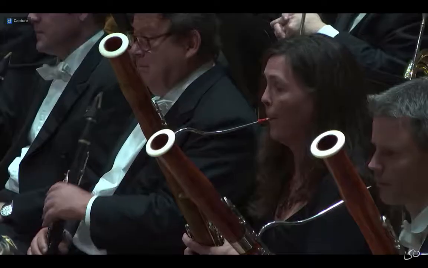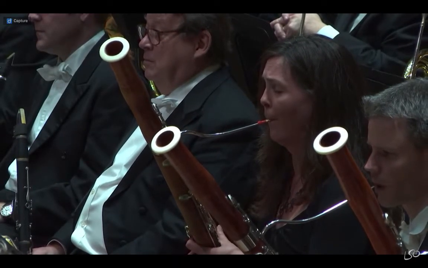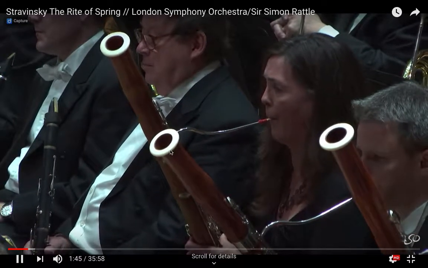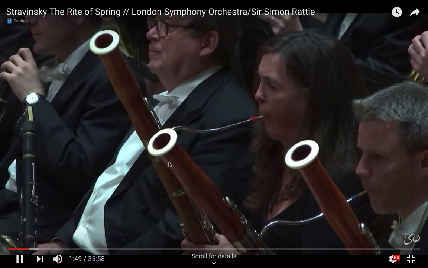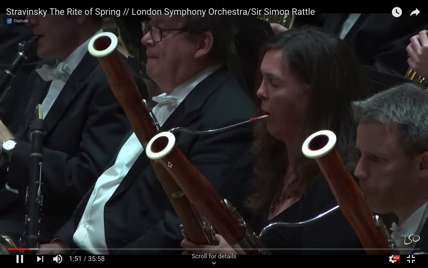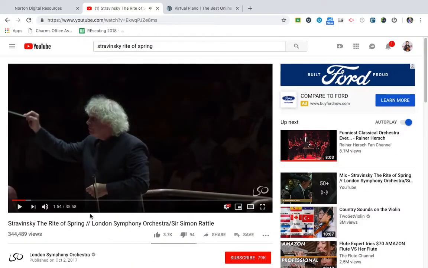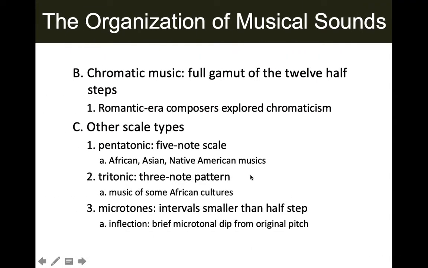It's experimenting with those other half steps. It's not using a strict progression. It's kind of unsure of what the tonality is. There's no fixed center of pitch. So that would be an example of chromaticism and diatonic.